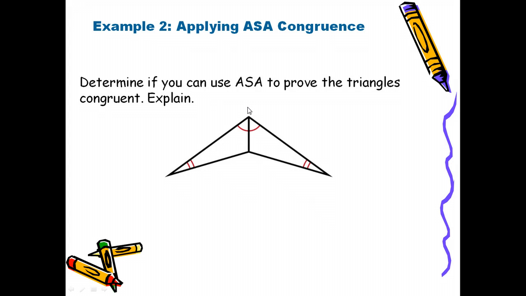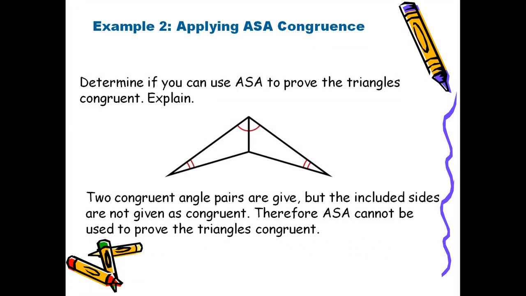But the included sides would be from the vertex down to each of the small points. We don't know anything about that. The two congruent angle pairs are given, but the included sides are not given as congruent. Therefore, you cannot use ASA to prove that the triangles are congruent.